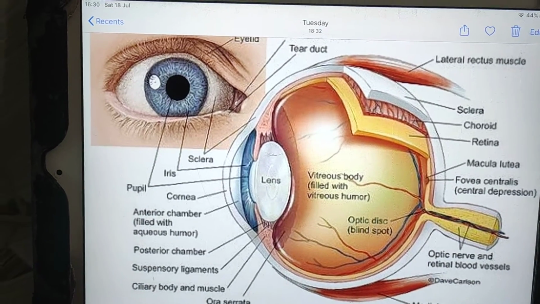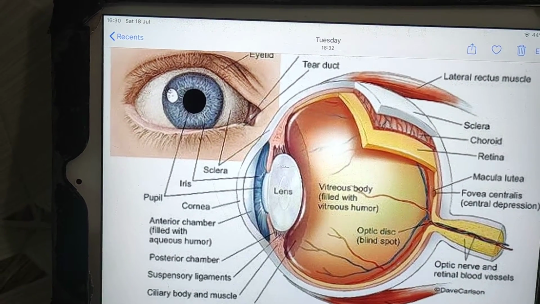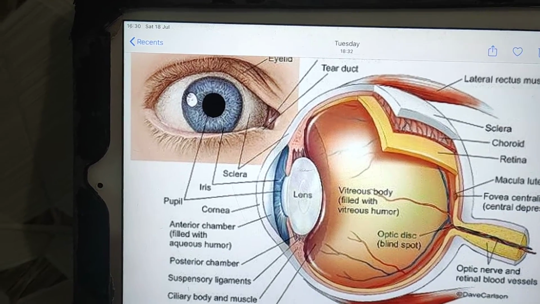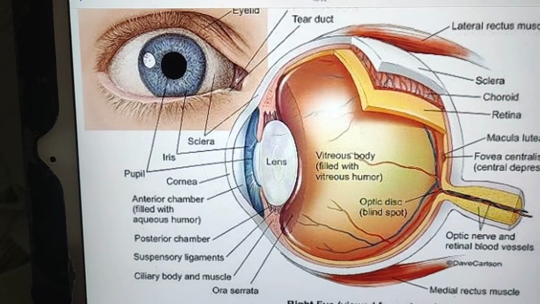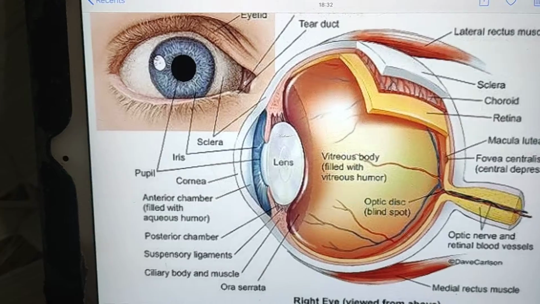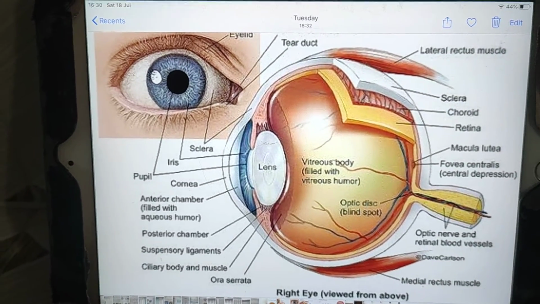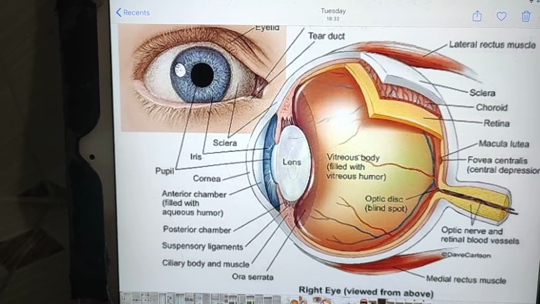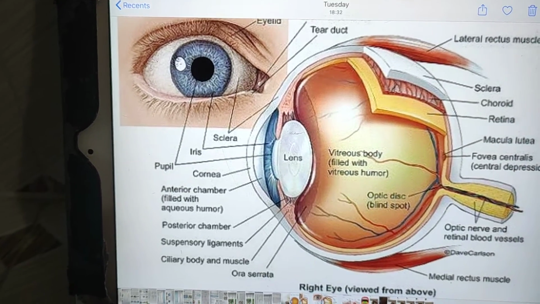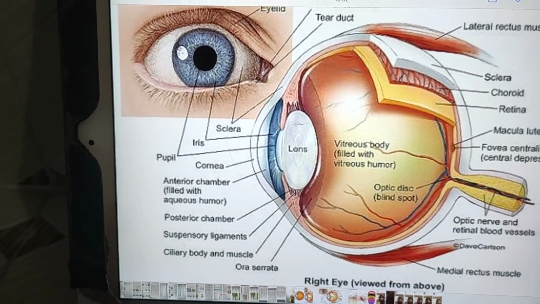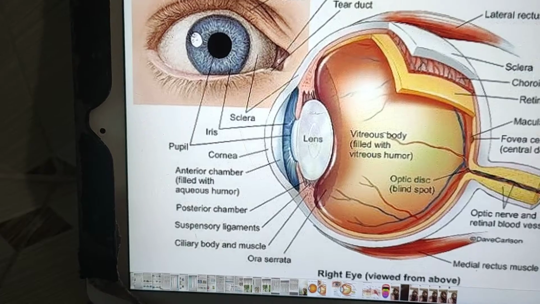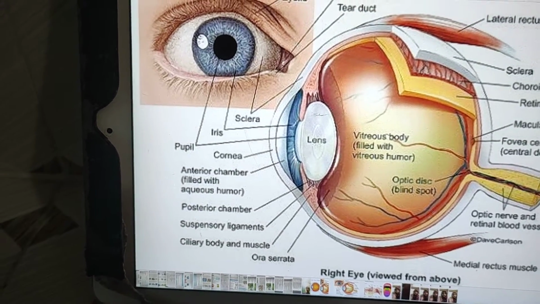First of all we discuss the eyelids. Eye has some parts. They are eyelids, conjunctiva, eyeball, retina, sclera, choroid, lens, aqueous humor, vitreous humor, iris, pupil.